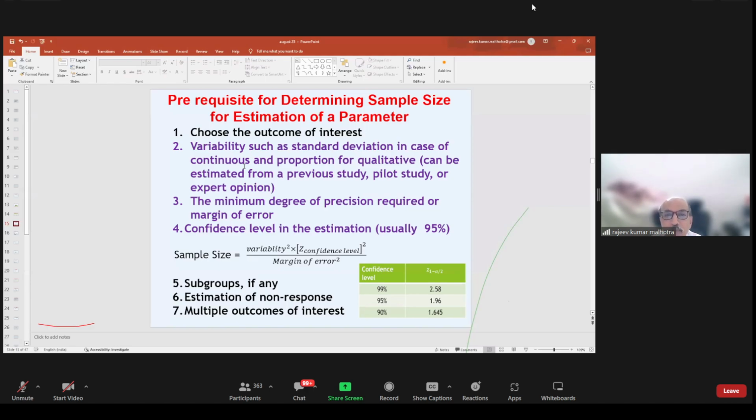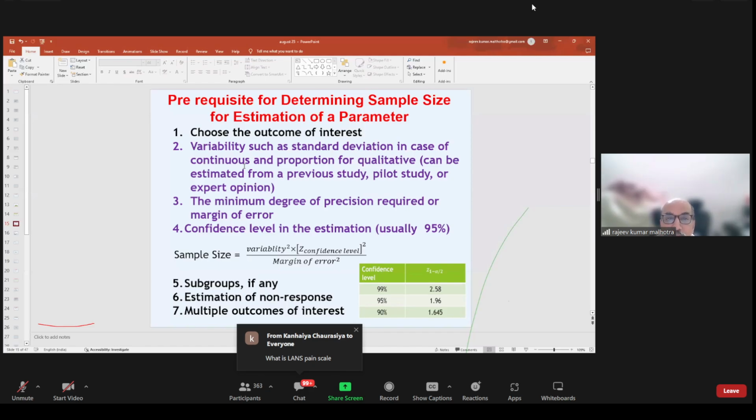So here the outcome is the proportion of delirium. And what is your target population? The target population is palliative care cancer patients or palliative care non-cancer patients, whatever you decide. This is your target population, to which your estimate should be generalized.